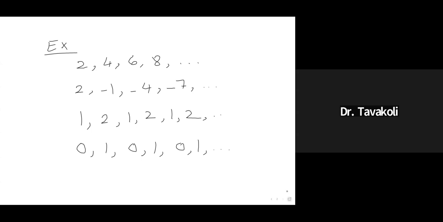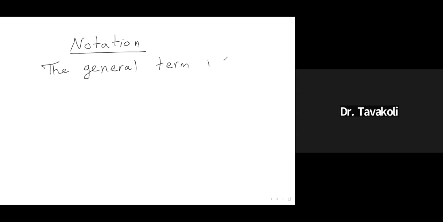As you might have seen in more elementary courses, sometimes we give the general term of a sequence. The notation that you might be familiar with is that the general term is given by a letter with some index, for instance, a_n.